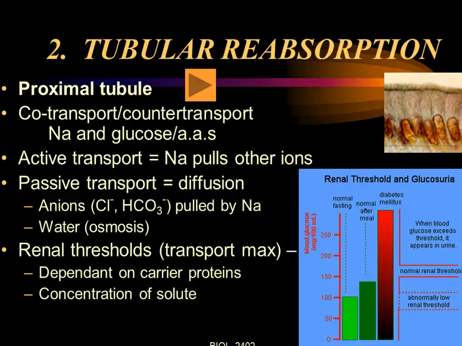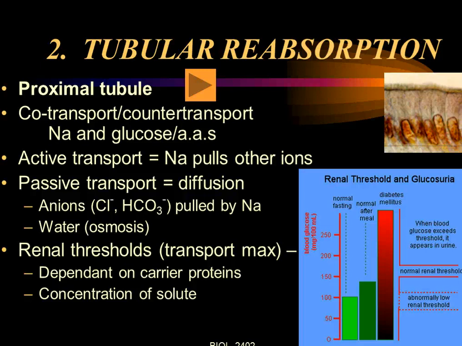Remember that you have to have carriers to get the glucose to come out of the filtrate back over into the blood. There has to be protein carriers in the cell membrane of the simple columnar cells. And how much glucose is brought back in depends on the carrier. Every glucose molecule has to be attached to a carrier.